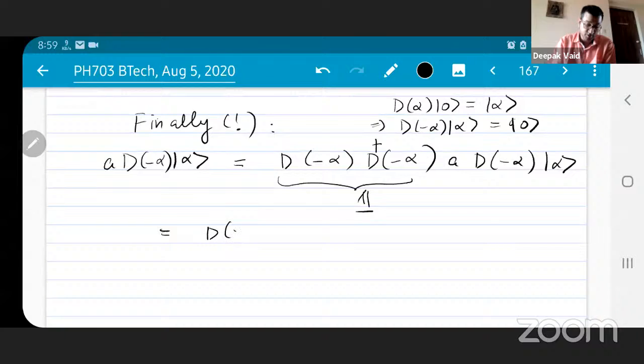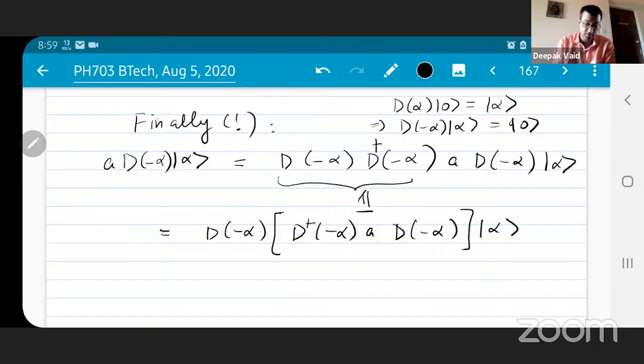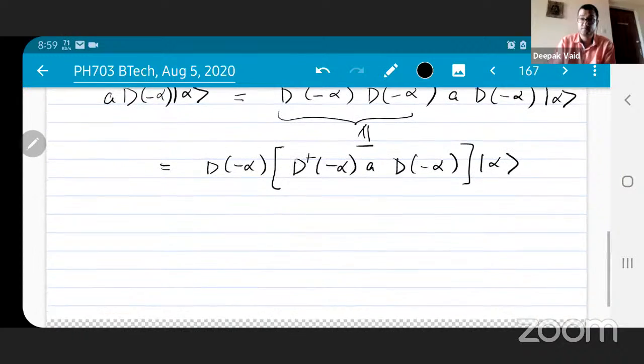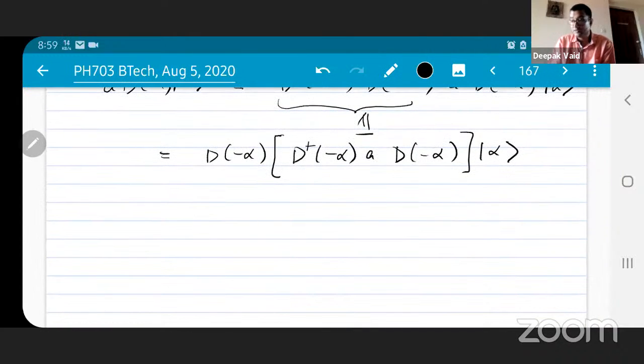So this becomes D of minus alpha, D conjugate minus alpha, A D minus alpha, times alpha. This is the displacement operator. So this becomes A minus alpha.